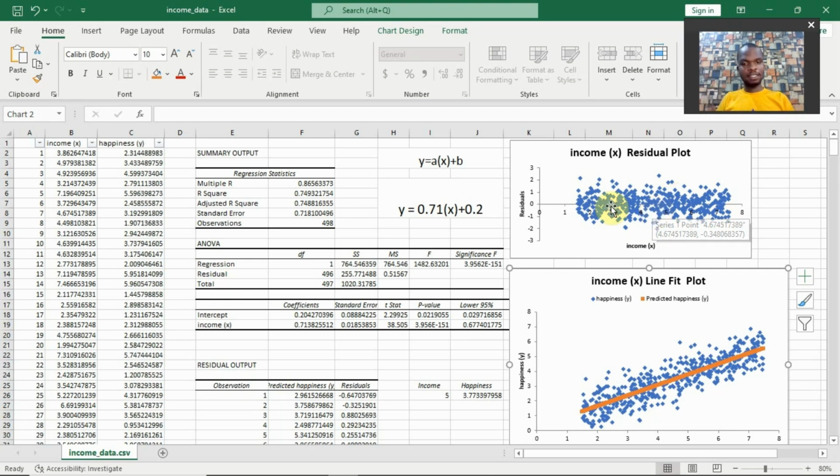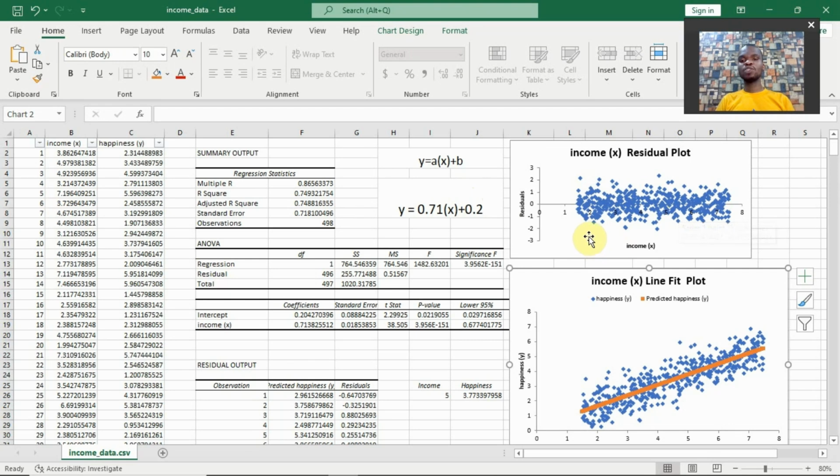If this plot is not scattered randomly around your x equal to 0 axis, your y equal to 0 axis, if it's not randomly scattered around it, then your data is not linearly related. So y equal to ax plus b will not work, will not represent your data, right? You can only use y equal to ax plus b when it is linearly related.